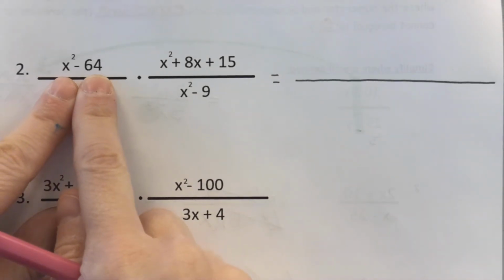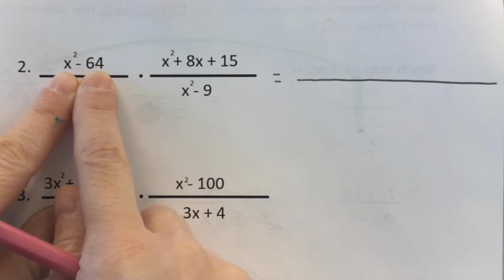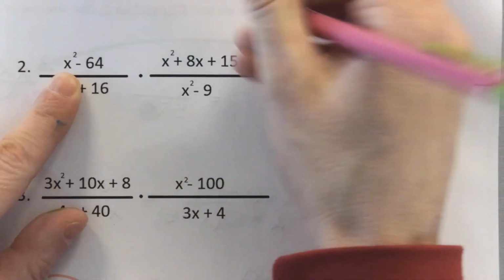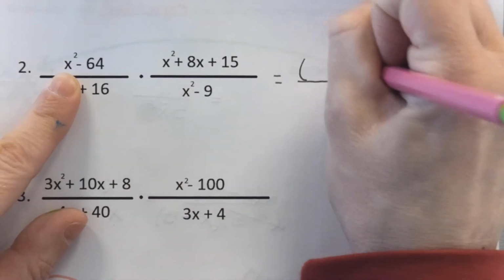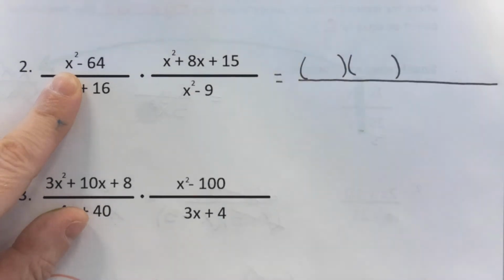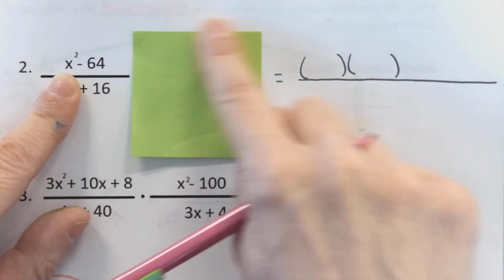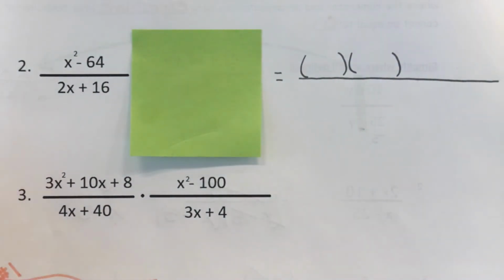So start with just this one. If I'm going to factor x squared minus 64, what does it factor into? So we've got, first of all, do we agree it's a difference of squares? Okay. So I'm ignoring, and again, you can use Post-it notes if that helps, I'm ignoring this fraction completely right now.